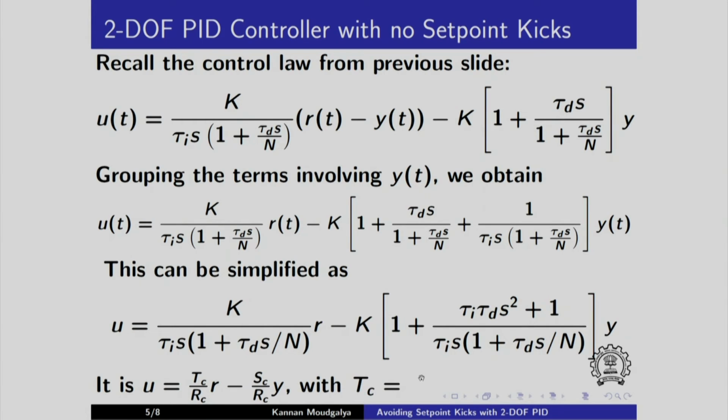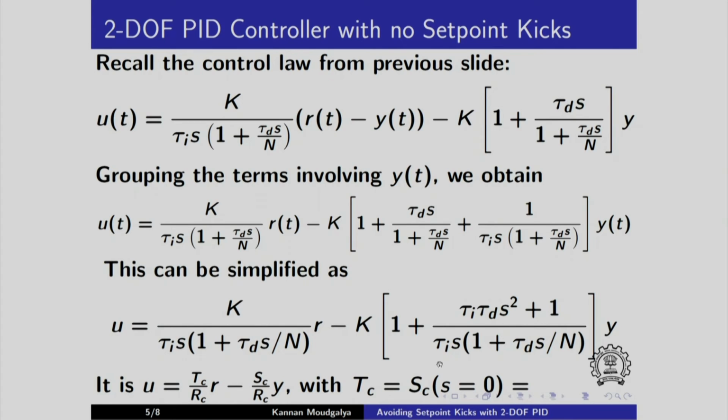It is easy for you to verify. Tc equals Sc at s equals 0. Remember, we are still working with Laplace transform here. We are yet to discretize it, which we will do shortly.